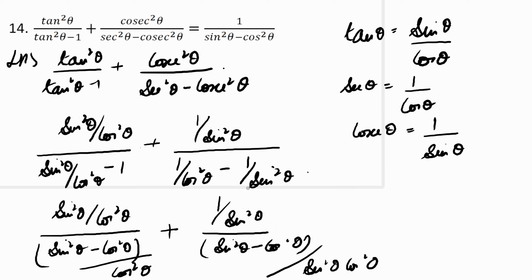We can see that this cos square theta and this cos square theta will cancel out, and this sin square theta and this sin square theta will cancel out.